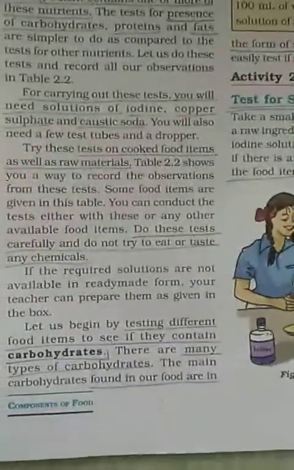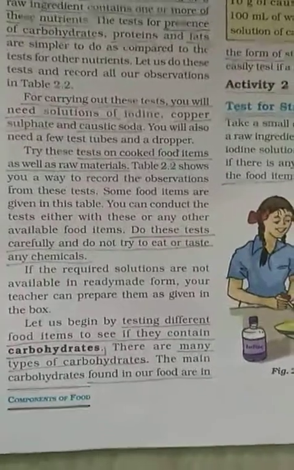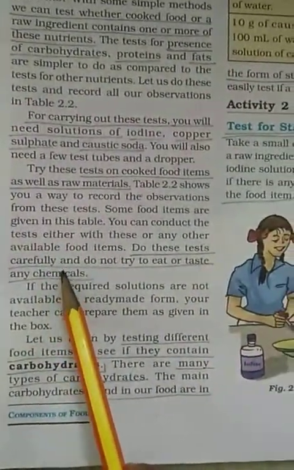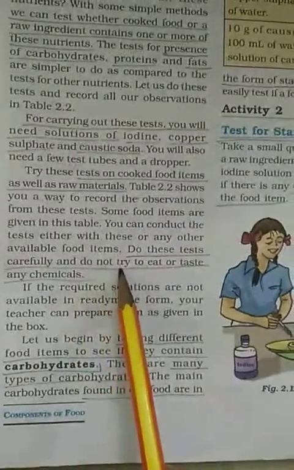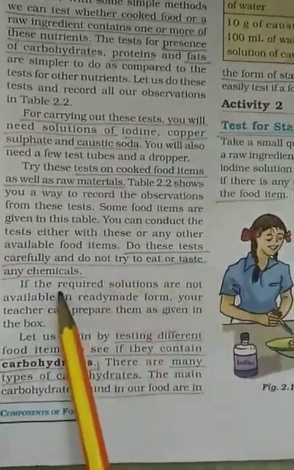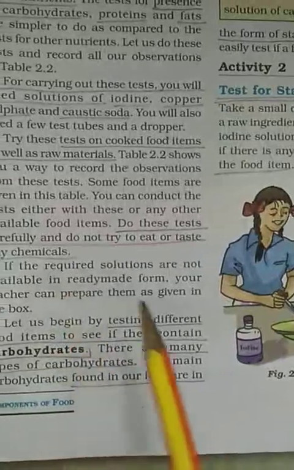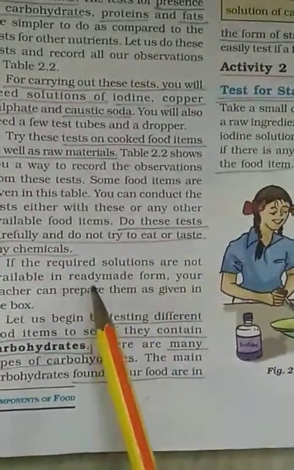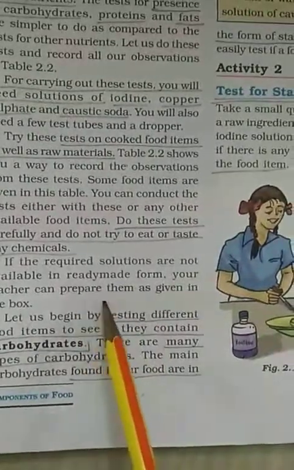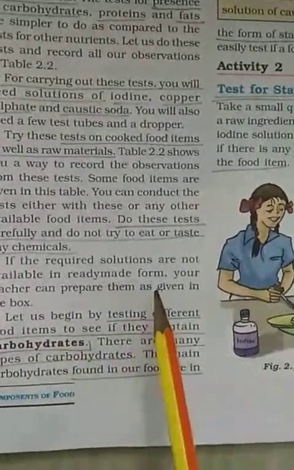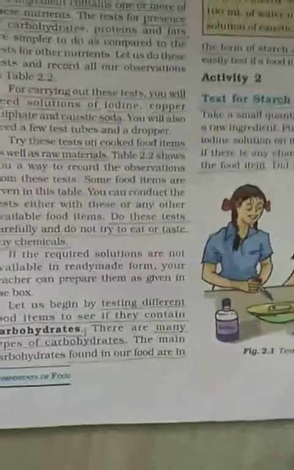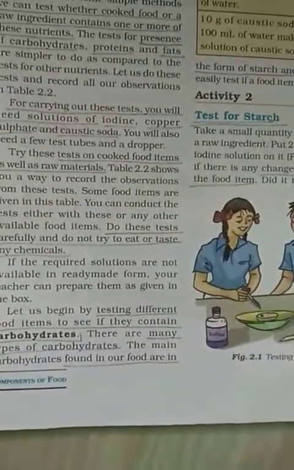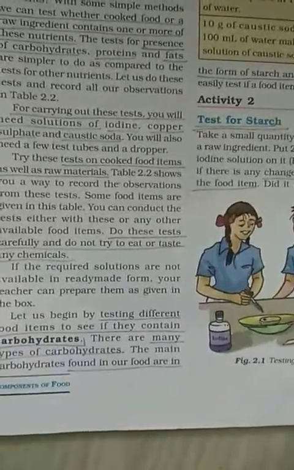Now, whenever we are doing this kind of test, we need to take care not to eat or taste any chemicals. If the required solutions are not available in ready-made form, we can prepare them on our own. Now let us begin by testing different food items to see if they contain carbohydrates.